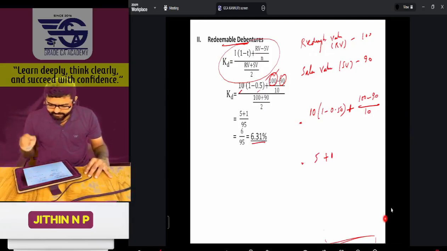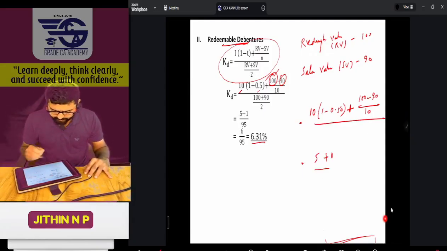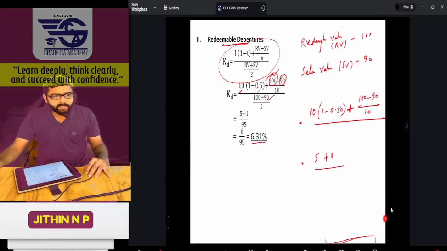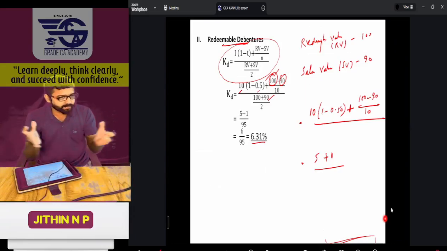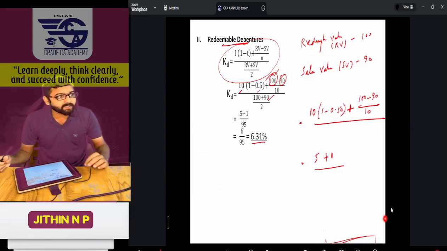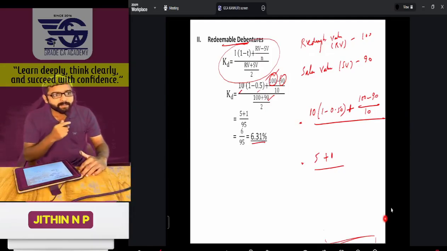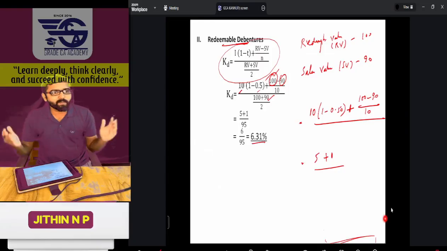The company's initial issue price is 90. Redemption value is 100. That means the average investment, average collection amount or average capital is 95. Opening plus closing divided by 2 is the average investment.